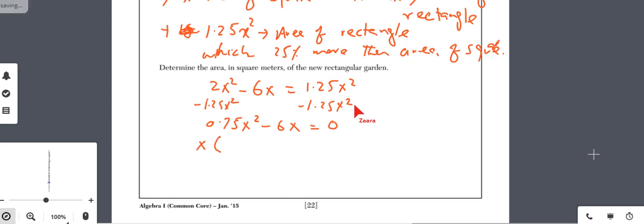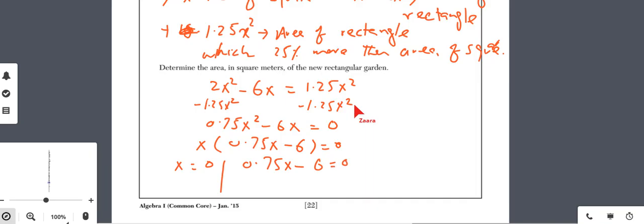Taking x common, 0.75x minus 6 equals 0. So x could be 0, or 0.75x minus 6 is 0. I can't take x equals 0, because it will give me 0 length and negative length, which is not possible.